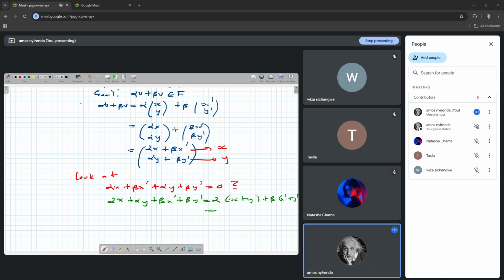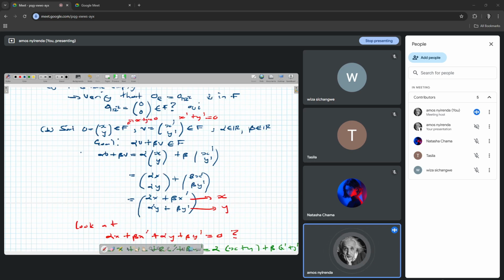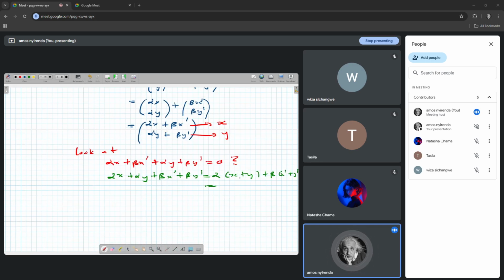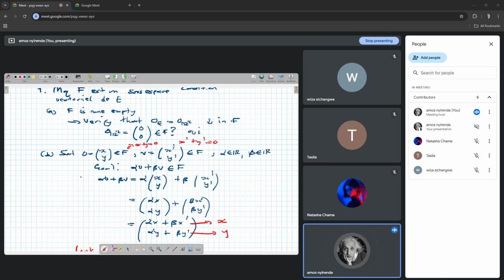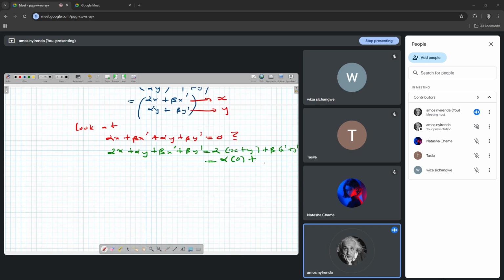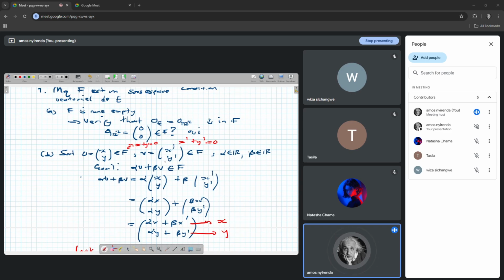Oh, look, we've said u is in F, which means x plus y is equal to 0. So alpha multiplied by 0, plus, v is taken from F, which means x prime plus y prime is equal to 0, so beta multiplied by 0. And then we'll have 0 plus 0. So we see that this item is indeed equal to 0. So the answer here is oui. This is equal to 0. So we verified all the conditions.